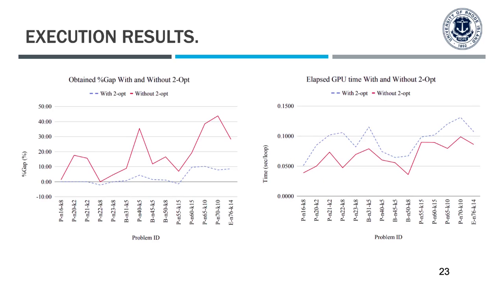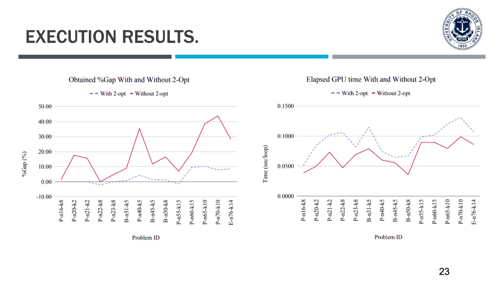We also tested our algorithm performance with and without the 2-opt. The figure on the left side shows the solution quality of our algorithm with and without the 2-opt, and it's obvious that the 2-opt has a great impact on the solution quality.